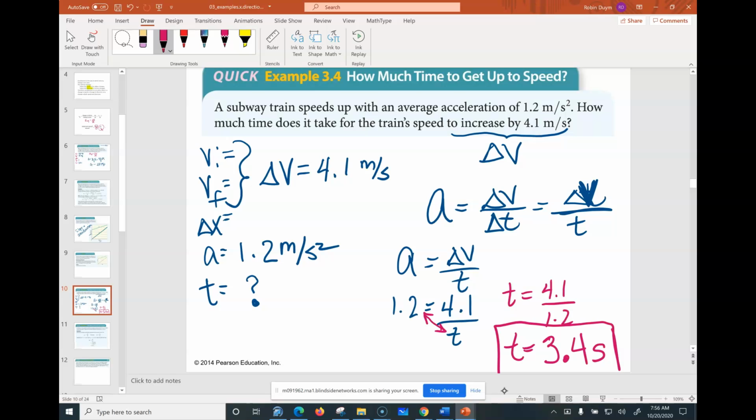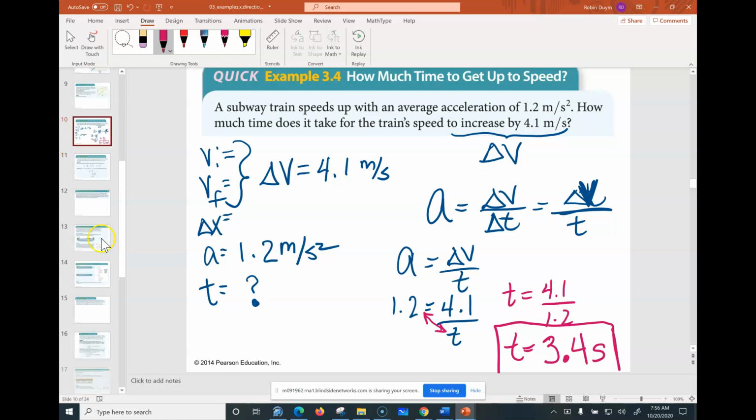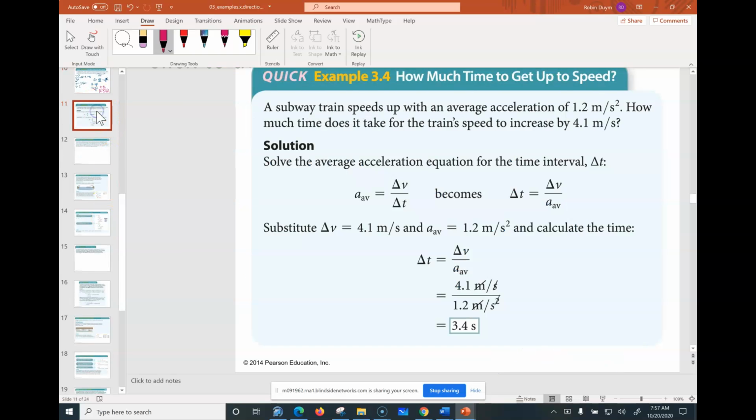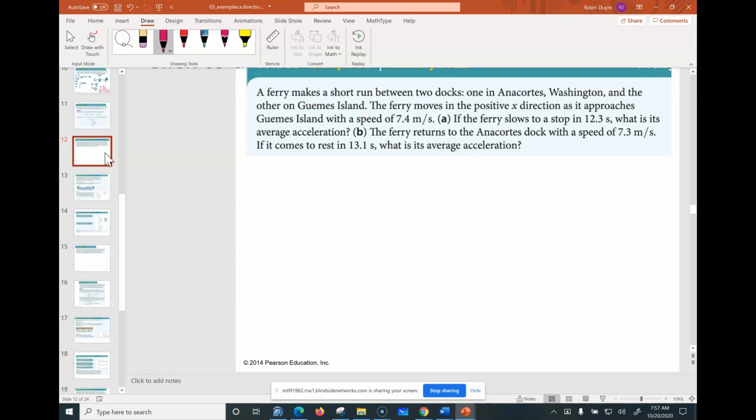Anybody disagree? I make a lot of errors, so always check my math. There's that solution if you need to go back and check it out. All right, moving right along.